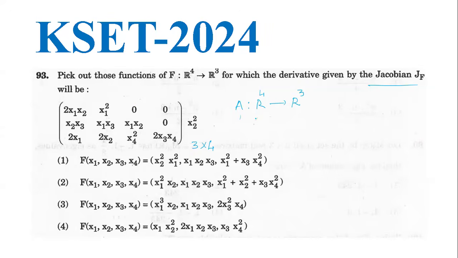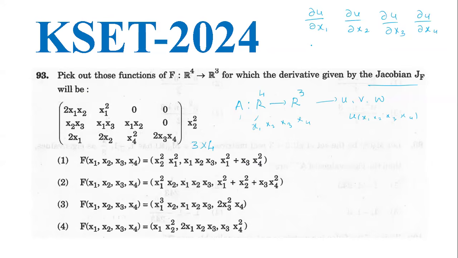That means it is like x1, x2, x3, x4 order tuples mapping to u, v, w. U is a function of x1, x2, x3, x4. That means we take del u with respect to x1, del u with respect to x2, del u with respect to x3, del u with respect to x4.